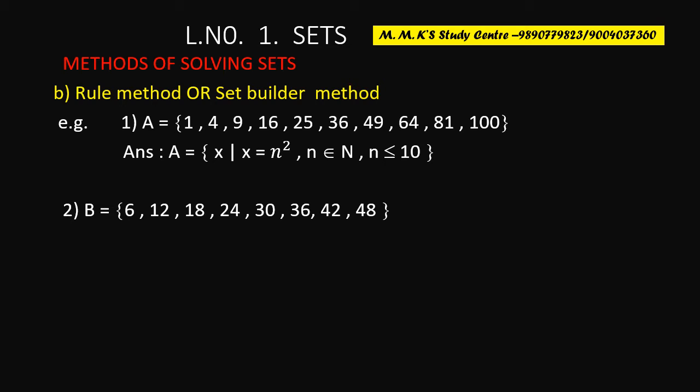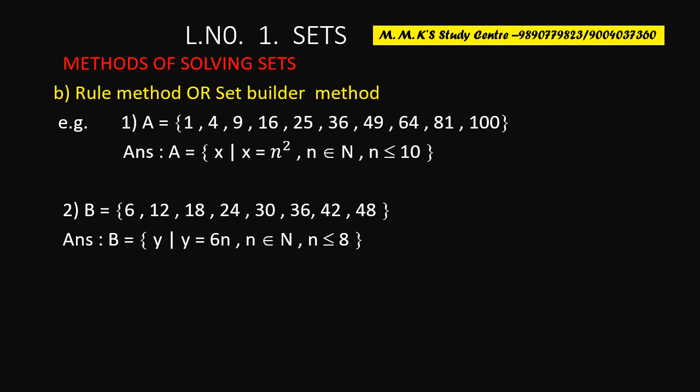It is given till 6 fives are 30, 6 sixes are 36, 6 sevens are 42, 6 eights are 48. Means till 8 it is given. So how to write the answer? We'll take y here. B is a set of y such that y is equal to 6n. As the table of 6 is given, we have taken 6, whereas n is a number from 1 to 8.